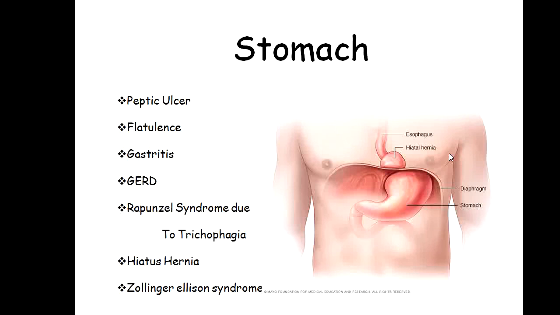all of you know that the stomach is below the diaphragm and the esophagus is above the diaphragm. The point which is in junction with the diaphragm is called the cardiac sphincter.